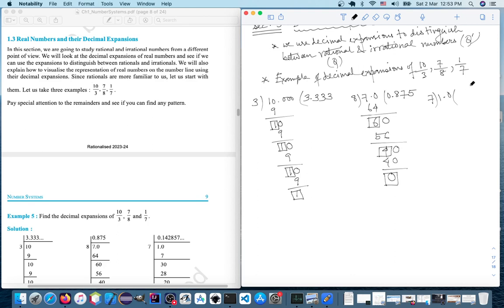What about if you divide 1 by 7? So let's see, 0.1 is 7.